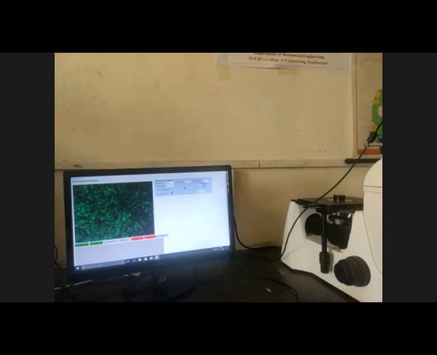White cast iron. Now you tell me which is this. Here a dendrite structure is there.